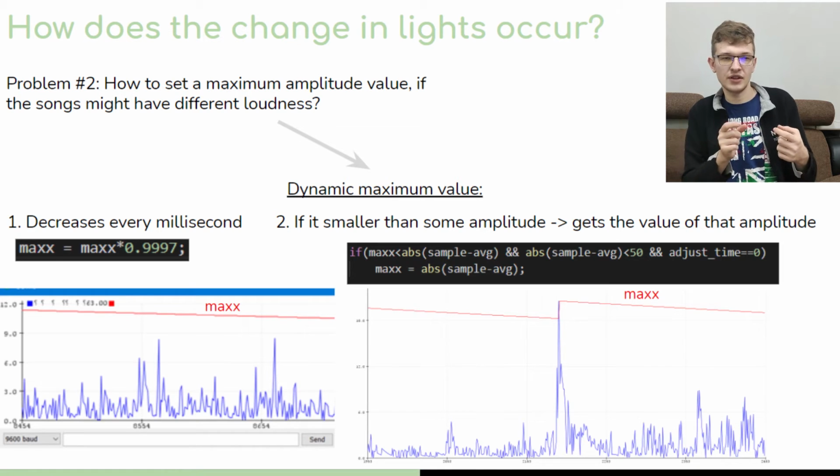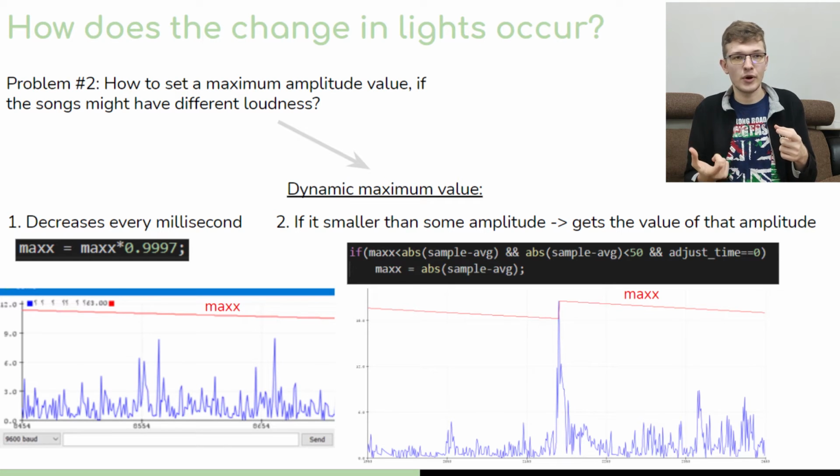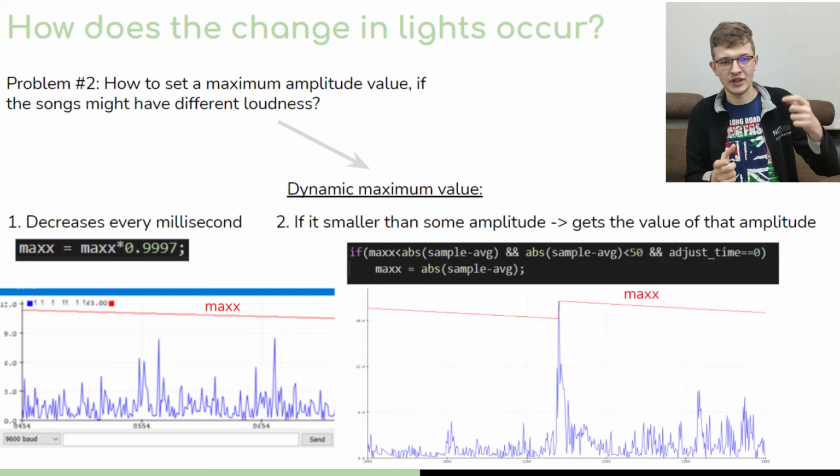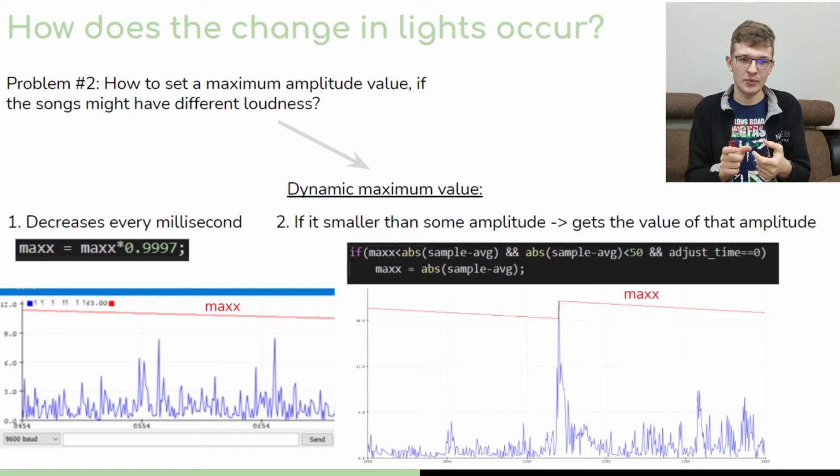So we take the current difference, right, and we divide it by the variable max, which is supposedly the maximum difference between the silence and the song amplitude. And so we divide these two variables and we get a percentage. By this percentage, we set that number of lamps alight. For like 20%, we set like 7 lamps alight or whatever.